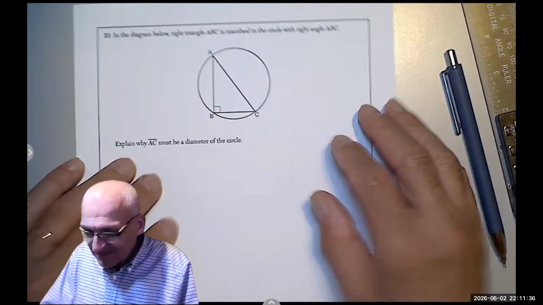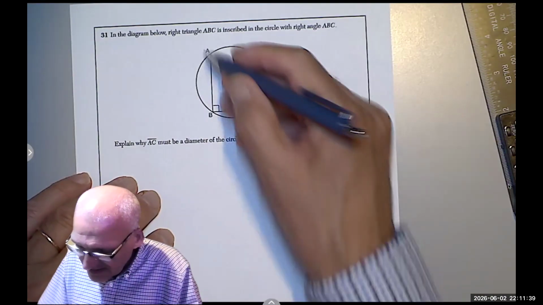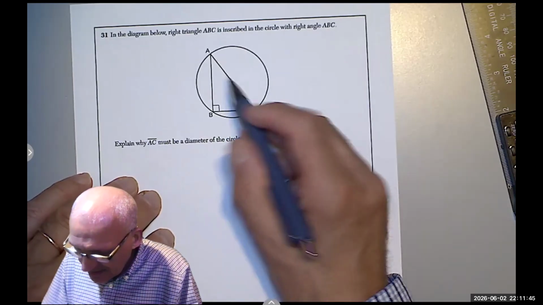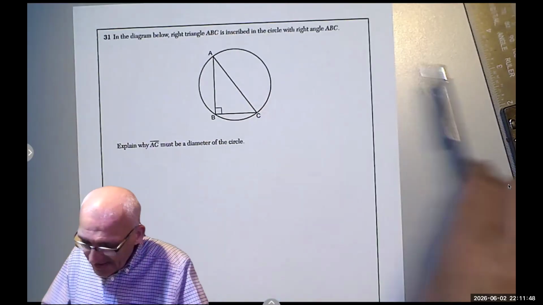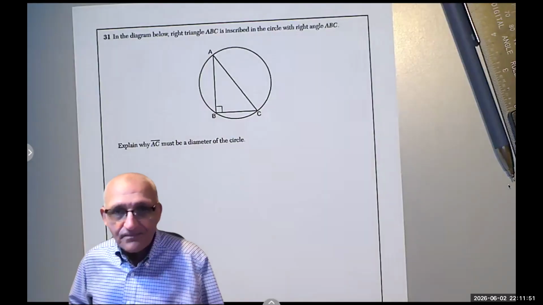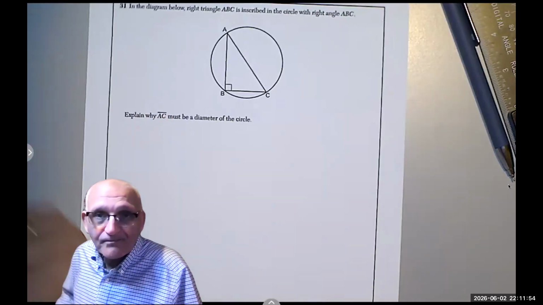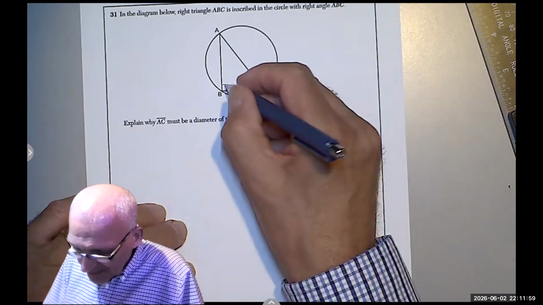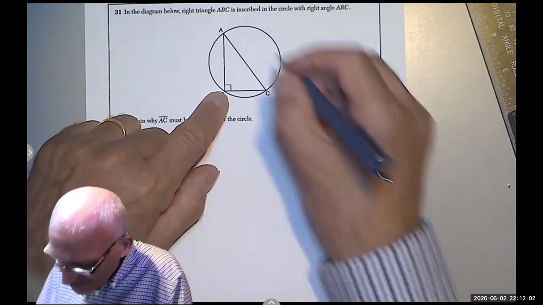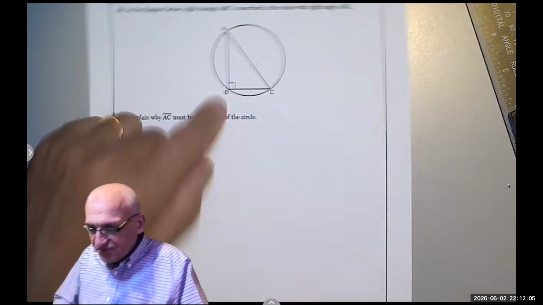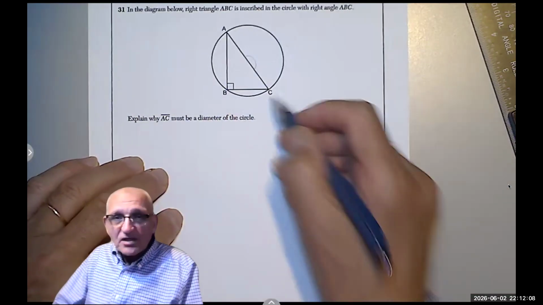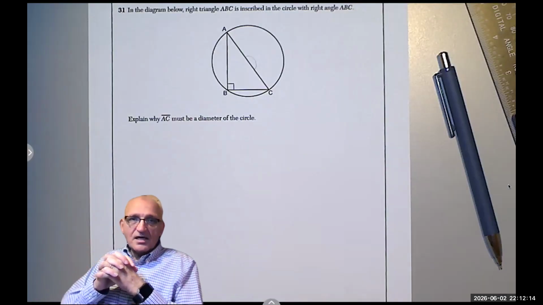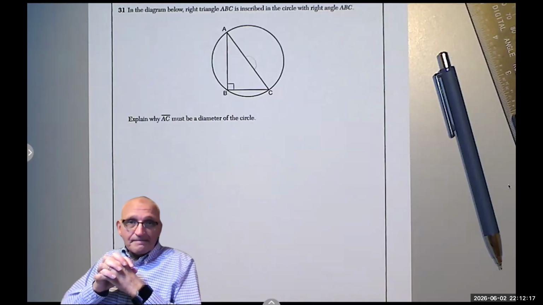In the diagram below, right triangle ABC is inscribed in the circle with right angle ABC. Explain why AC must be the diameter of the circle. Well, we know that if this angle is 90 degrees, then this arc is 180 degrees. The measure of this arc is 180 degrees, and that basically means AC is a diameter, right?